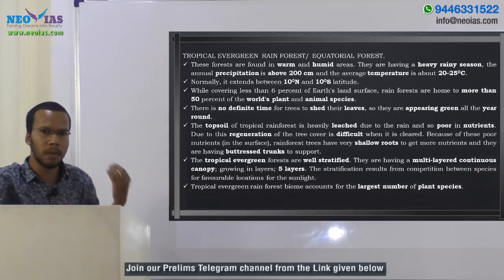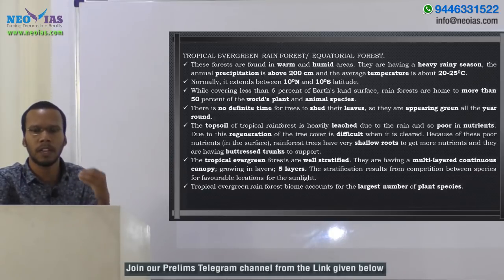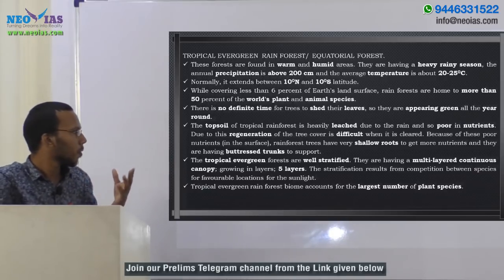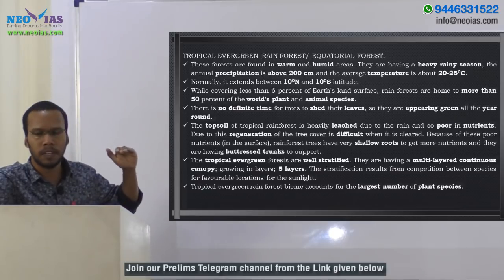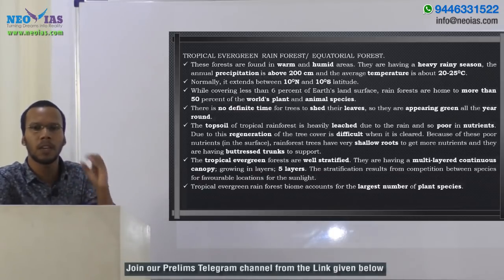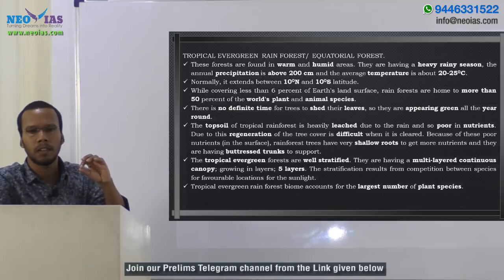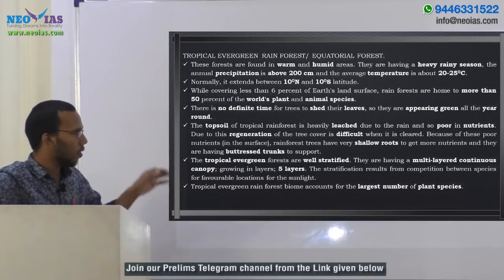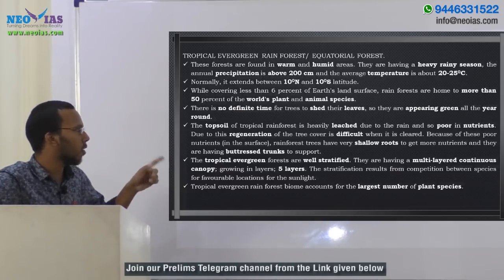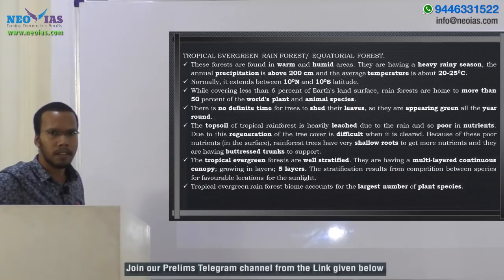These green plants are in competition for sunlight, and that's why there is well-defined stratification. Plants with high growth will get more height.